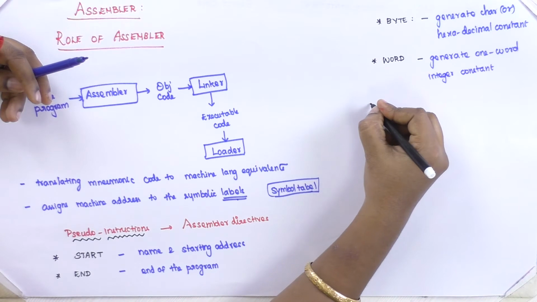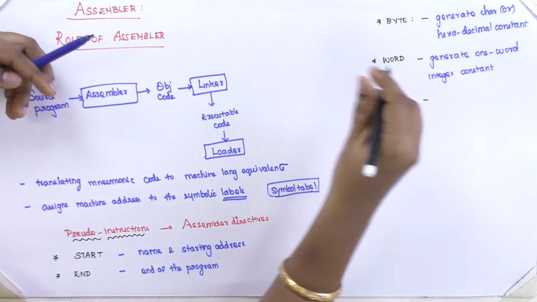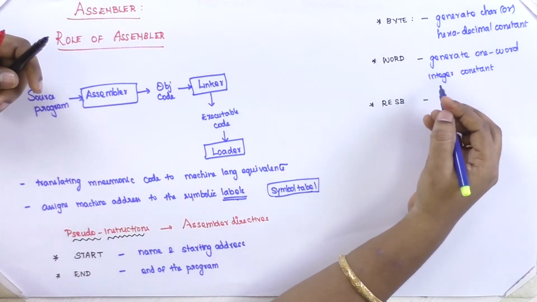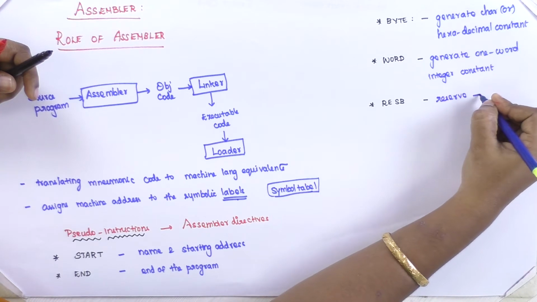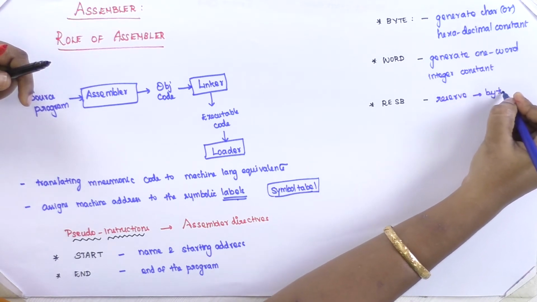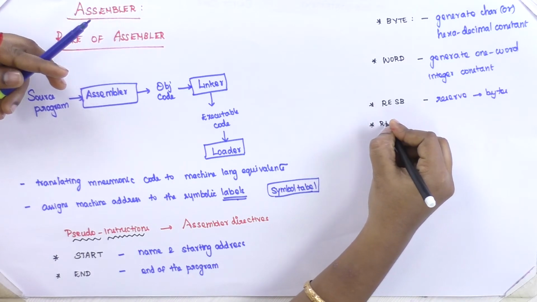Next assembler directive is RESB. RESB stands for reserve bytes. It reserves the indicated number of bytes for a data area. Then RESW.